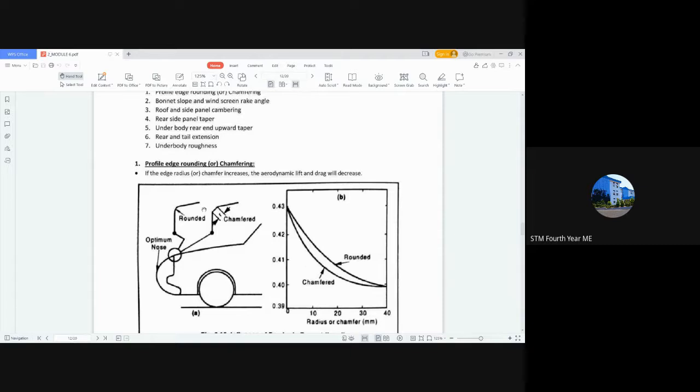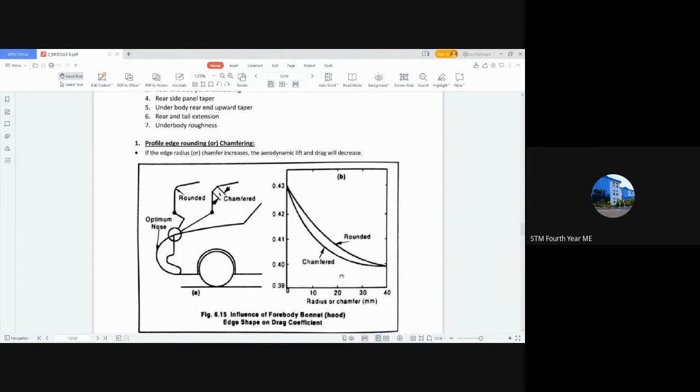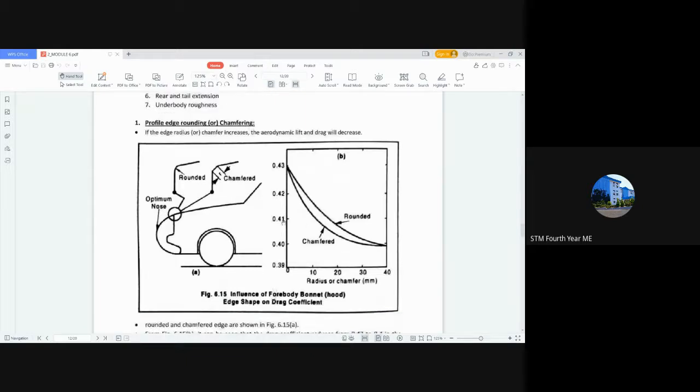You can see here the drag coefficient, that is the CD, on the y-axis, while this is the radius of the chamfer or the rounded edge. You can see that the chamfered provides a much lesser coefficient of drag when compared with rounded. So chamfered is most commonly used, while rounded is present in recent cars and concept cars.